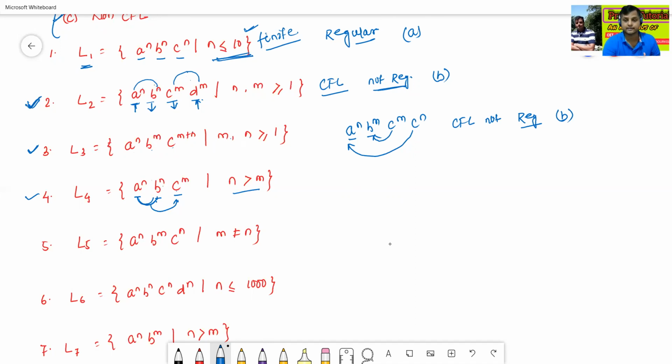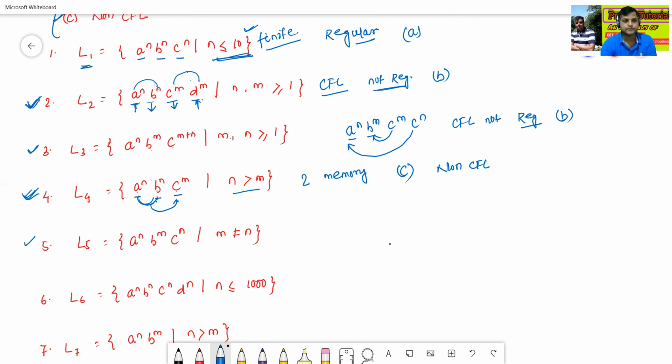But the fourth question must require two memories, because the same number of a's is followed by the same number of b's, and the number of a's must be greater than the number of c's. So it is option C, non-CFL.